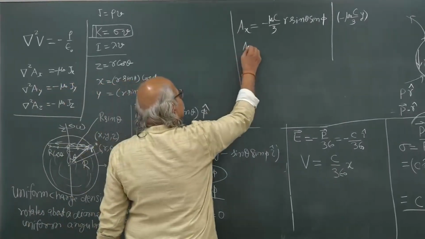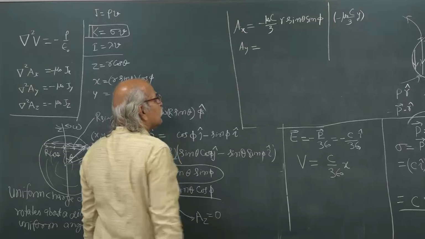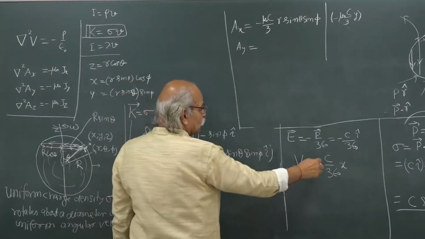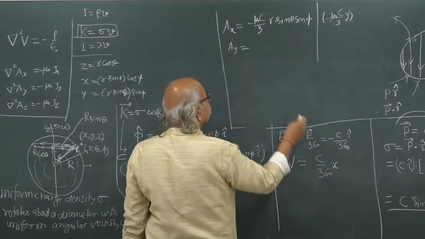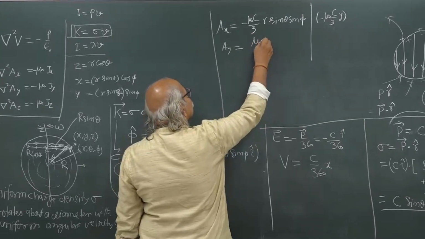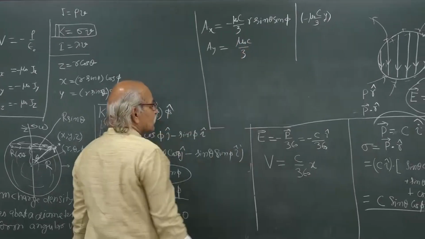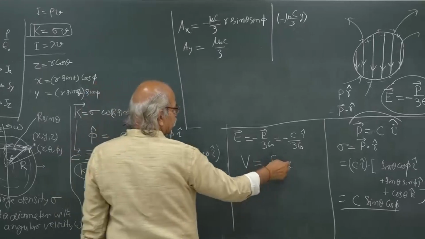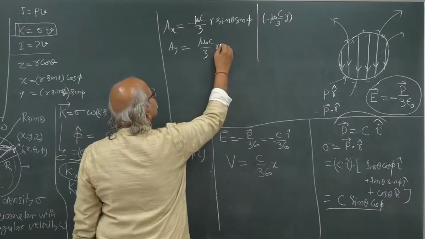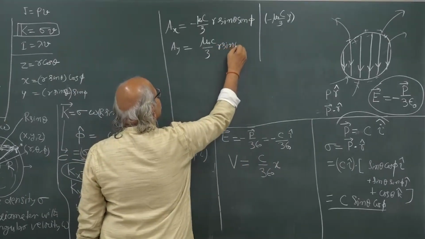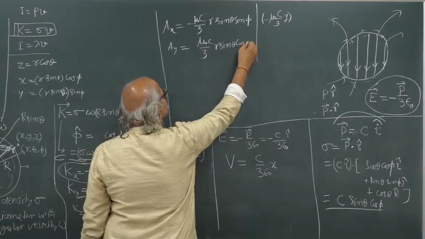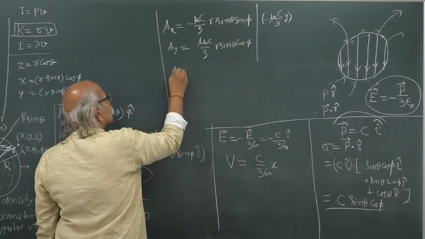So, Ay is equal to, instead of 1 by epsilon naught, I will be writing mu naught. So, it is mu naught c by 3 times x, and x is r sin theta cos phi, and Az is 0.